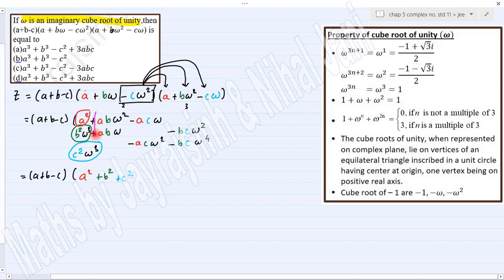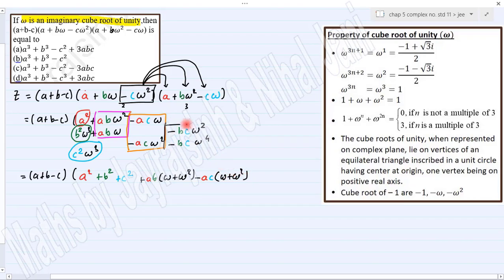Now from these two terms we can take ab common. So we will get ab into (ω + ω²). Same way we can take -ac common, so after taking -ac common, you will get (ω + ω²).